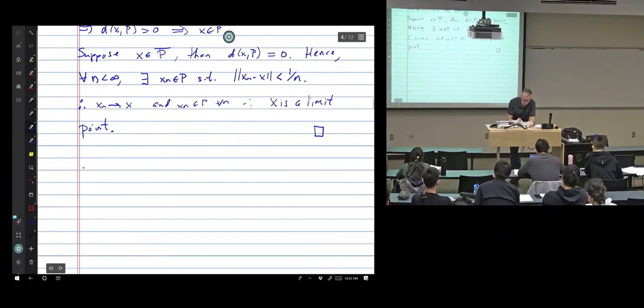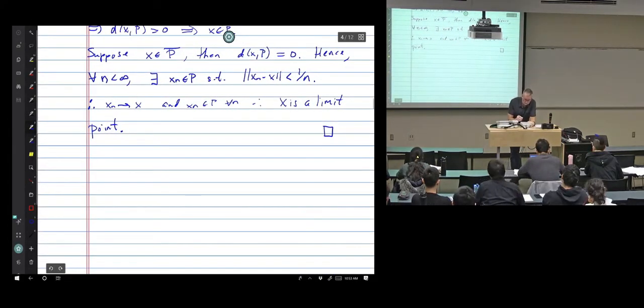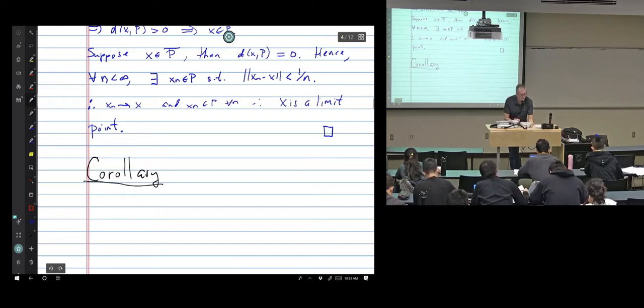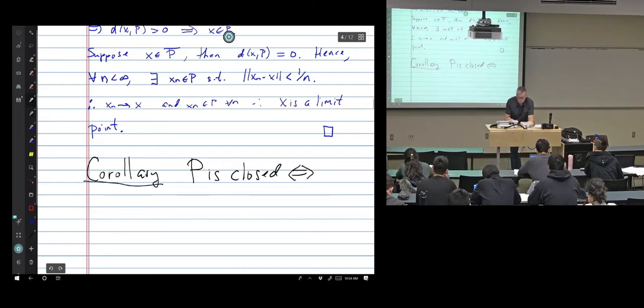Okay, so as a corollary, a set P is closed if and only if P contains its limit points.